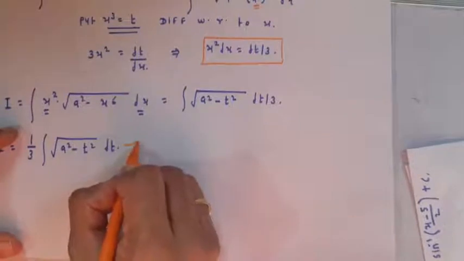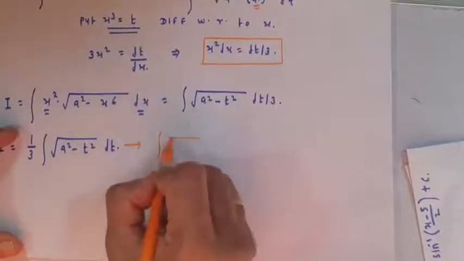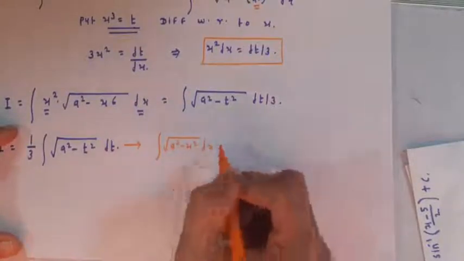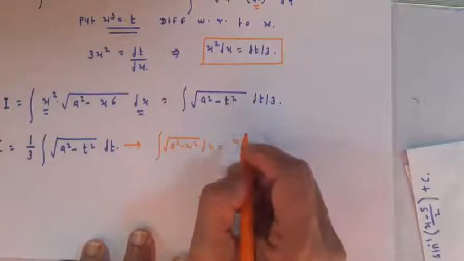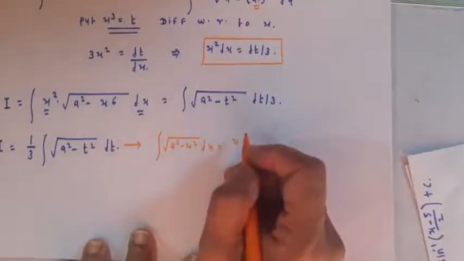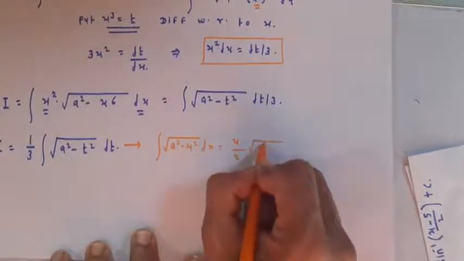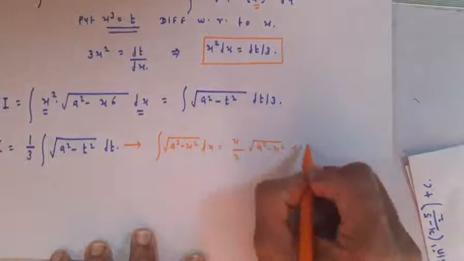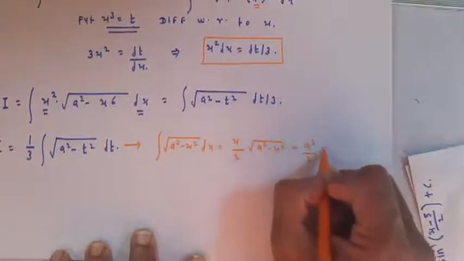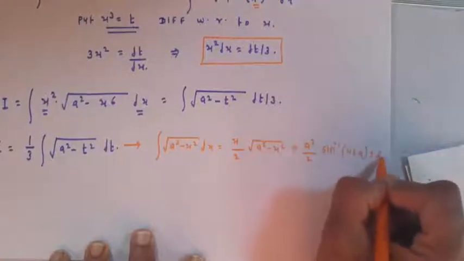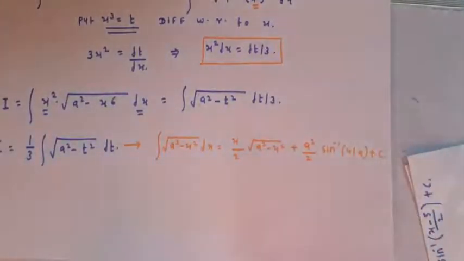Okay, now by using the formula, the integration of square root of a square minus x square with respect to x is x by 2 square root of a square minus x square plus a square by 2 sine inverse of x by a plus constant of integration c. By using this formula, we can solve the integration.